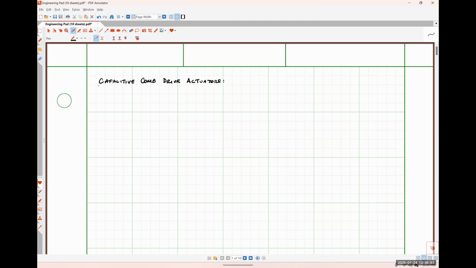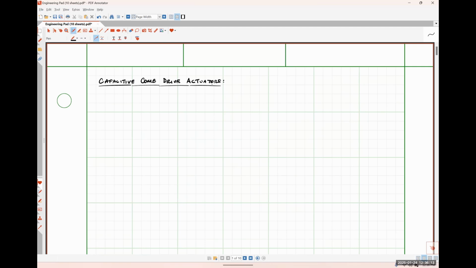A capacitive comb drive actuator works by increasing the area of overlap between capacitor plates. Everything that we talked about on Wednesday was all about how we could manipulate the gap seen between plates. Now we're talking about manipulation of the area.